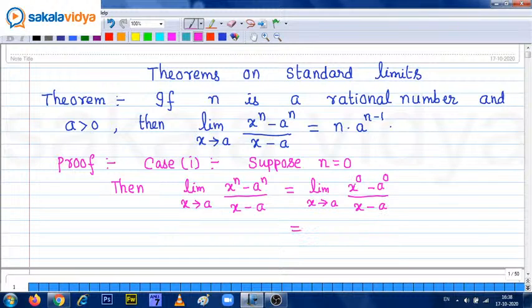So this will be 1 minus 1 upon x minus a, limit x tends to a. So that means you get 0. 0 means n value is 0. You can write this as 0 times a to the power of 0 minus 1, where 0 is nothing but n. So n times a to the power of n minus 1. Even for n is 0, it is applicable.